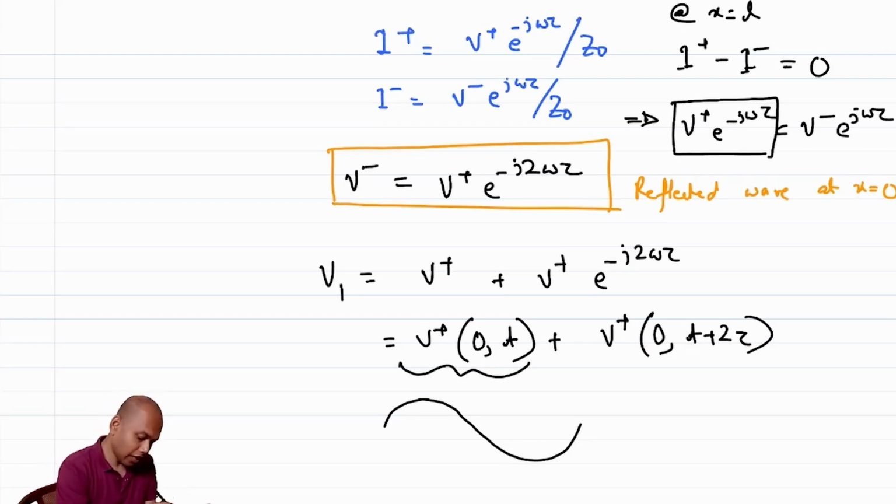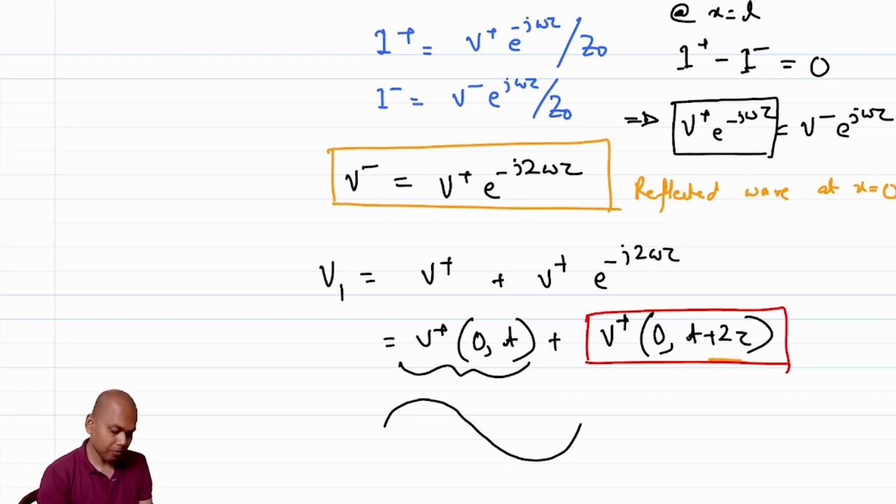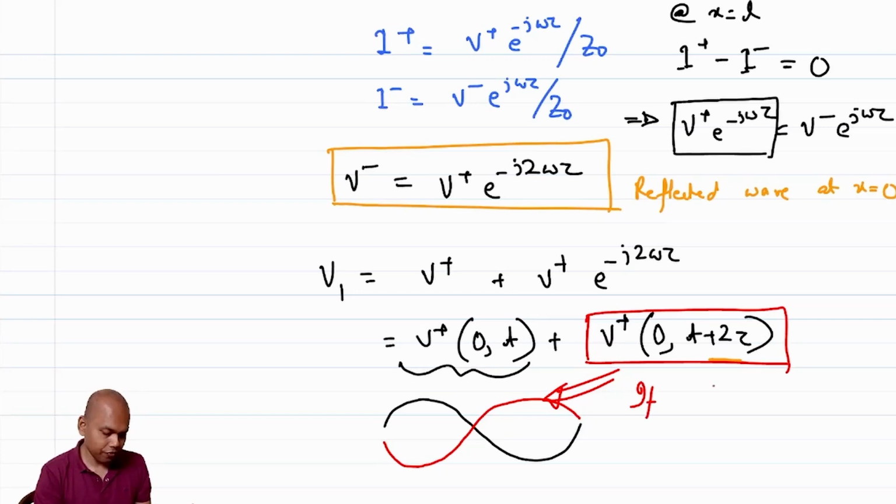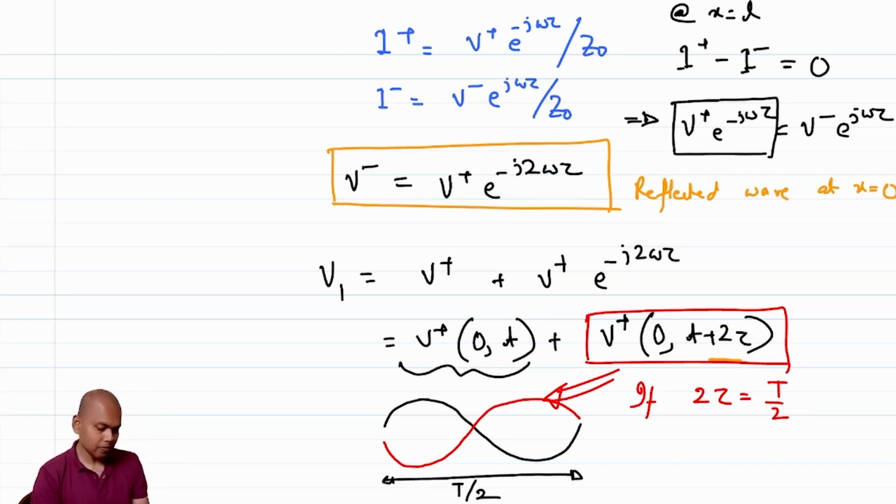And assume that tau is such that the delayed version by 2 tau is equal to half the period of the sinusoid, which means that your reflected wave will be exactly the same amplitude but opposite in phase, right? This is if 2 tau is equal to T by 2. What is tau? Tau is equal to T by 4.